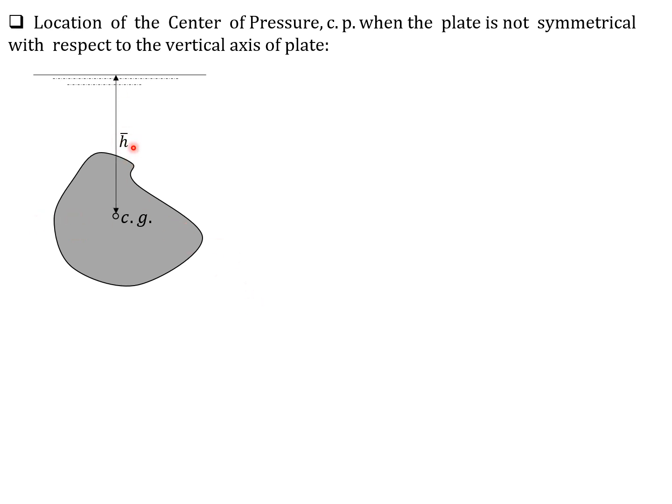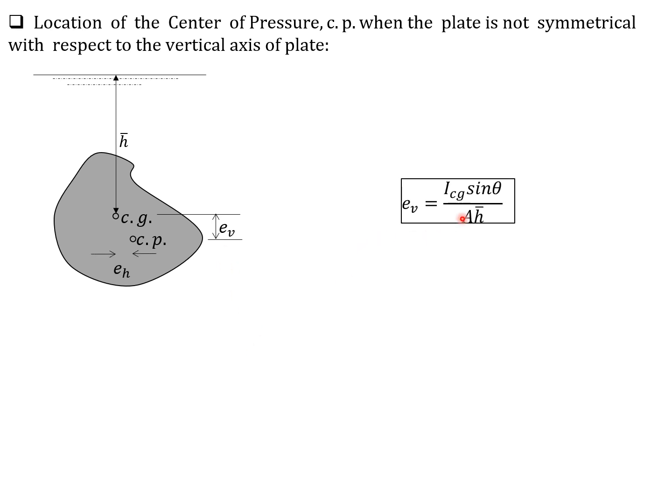So the distance of the centroid of this area is h bar, and this is the center of pressure, not necessarily along the vertical axis of symmetry because the area is not symmetrical. So there will be x bar, there will be E sub v and E sub h.